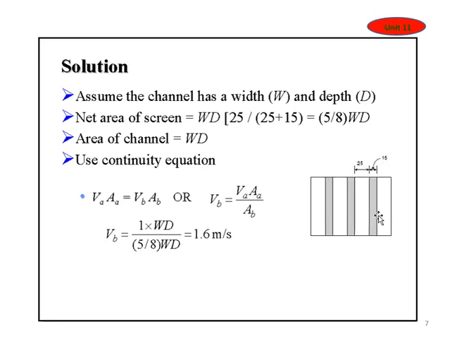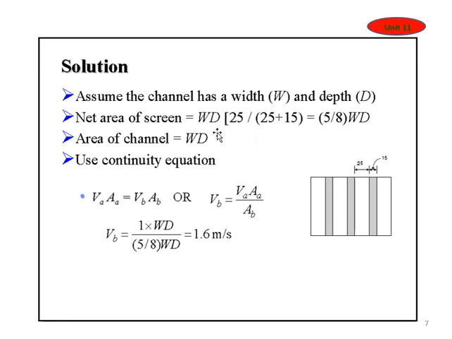These are the bars and this is the spacing. If you consider unit area of the bar rake screen, maybe assume that this is the width W and this is the depth D. So the net area of the screen, the total area of the screen, will be equal to W into D, right?